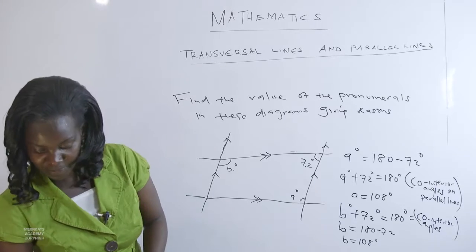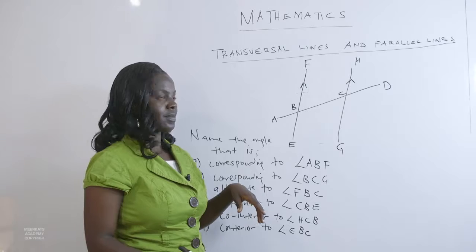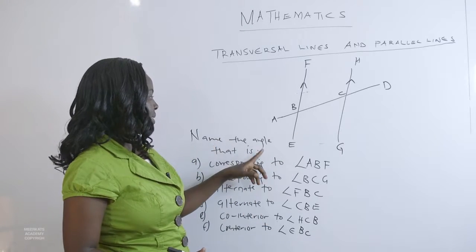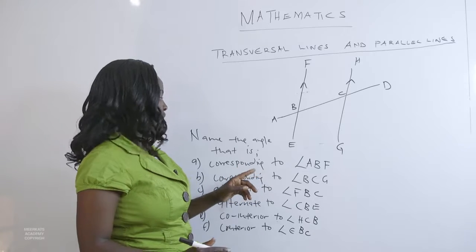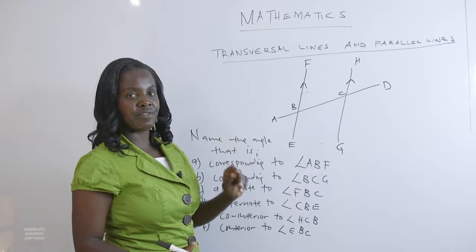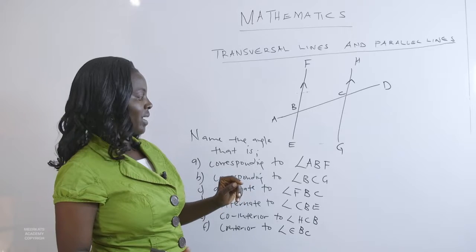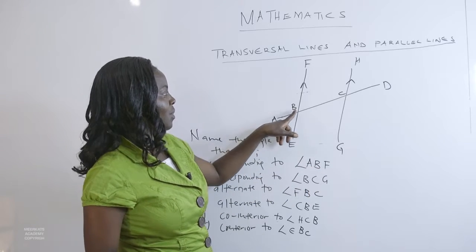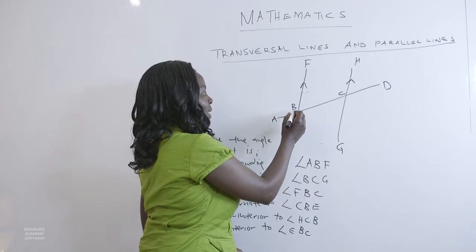Let's look at another example. We are asked to name the angle that is corresponding to angle ABF. So let us identify angle ABF. It is this angle here.